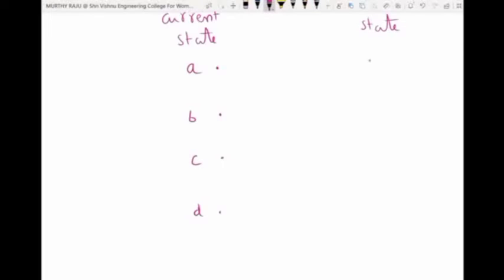And the next states are also A, B, C, D.